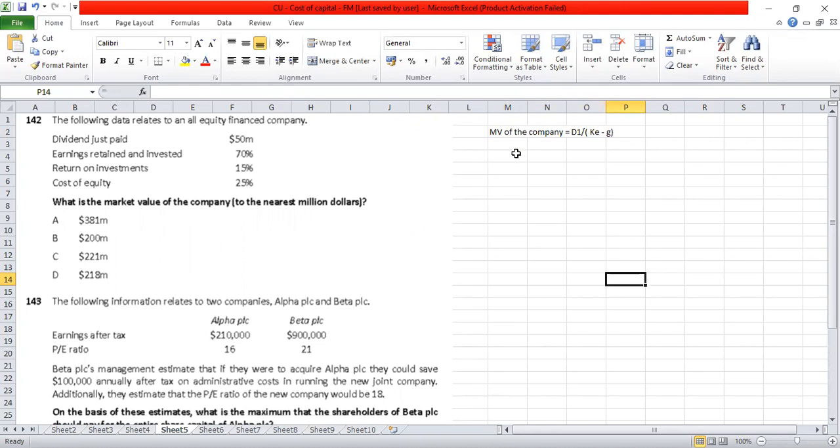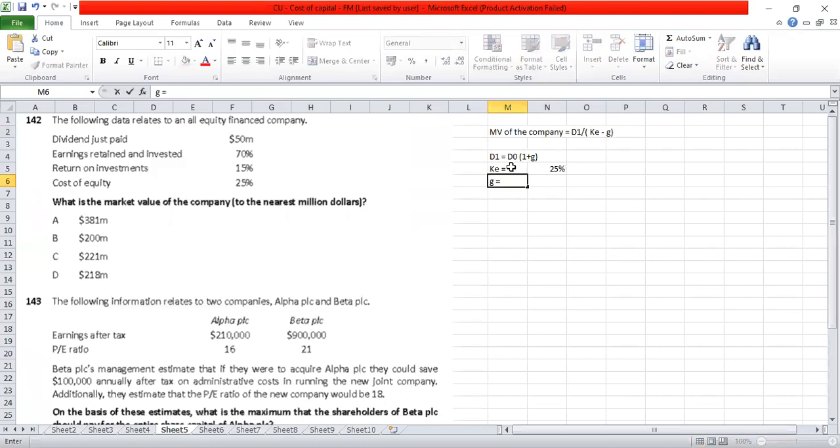D1 is equal to D0 into 1 plus G. Do we know what is KE? KE is given to us, it's already mentioned as 25%. G is not there. Unless and until we know G, we will not be able to work out D1.